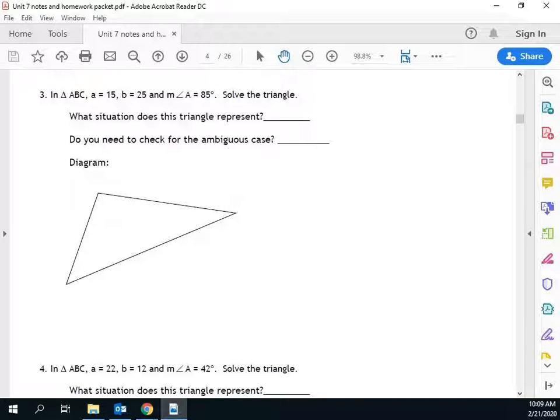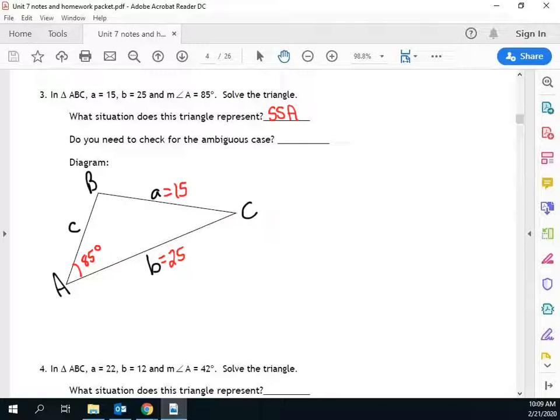Let's see what that looks like here. They gave us side A is 15, side B is 25, and angle A is 85 degrees.